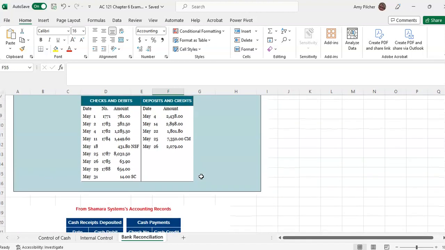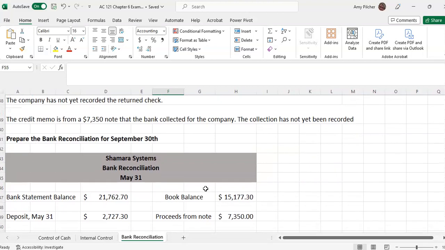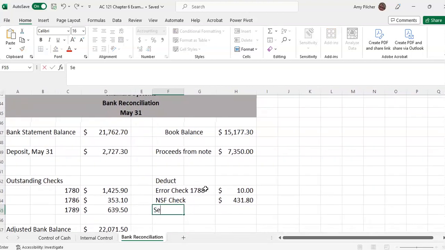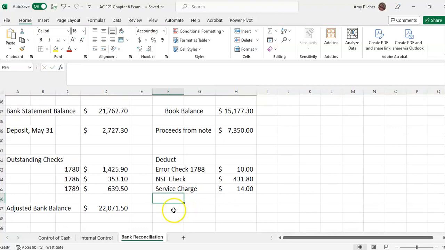Well, we see here on May 31st, we have a $14 service charge for this account that we need to record. So we have a service charge of $14.